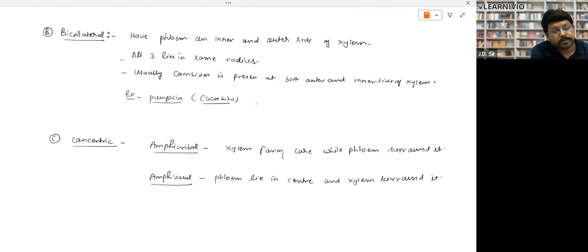This vascular bundle part was very important. You can get questions like what are collateral, what are bicollateral, and all that.